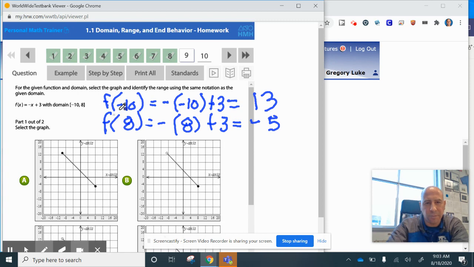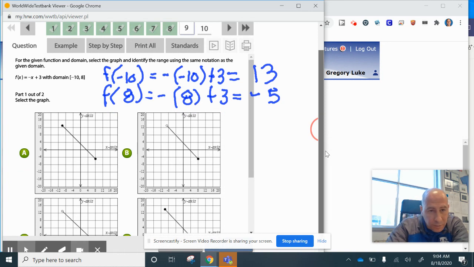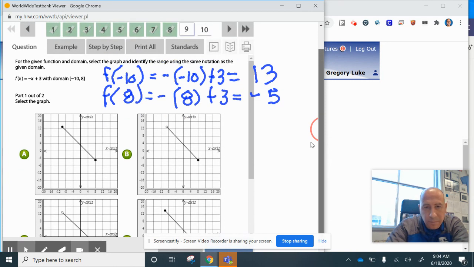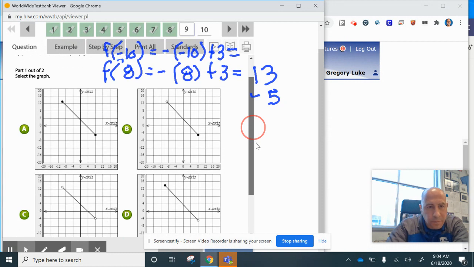So domain is from -10 to 8. Let's look at the answer choices there. This looks like -10 would lie there, so -10 to 8. So you're okay there.